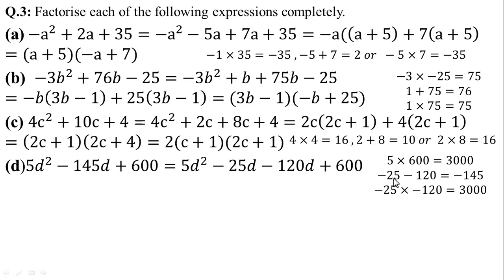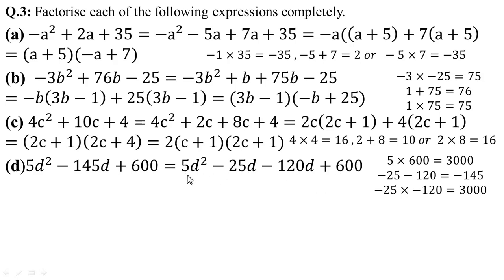Now we take the two parts minus 25 and minus 120. When adding both values, the answer is minus 145, and minus 25 multiplied by minus 120, the answer is 3000. Then 5d square minus 25d minus 120d plus 600.